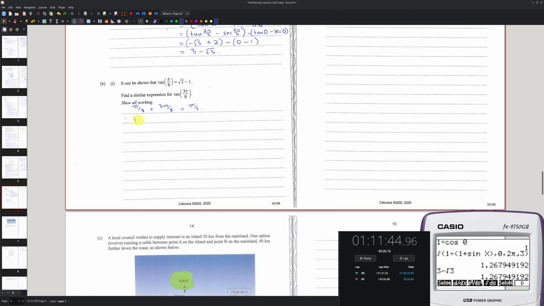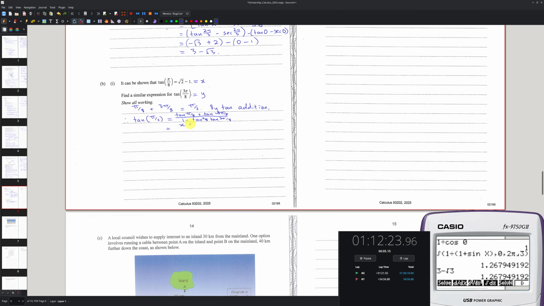So by the tan addition formula, tan of pi on 8 plus 3 pi on 8 equals, let's call this x and this y, tan pi on 8 plus tan 3 pi on 8 over 1 minus tan pi on 8 tan 3 pi on 8.